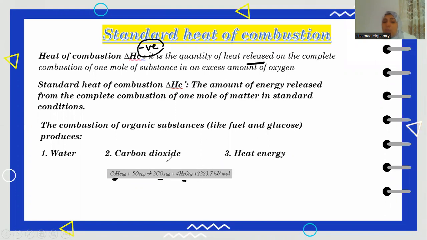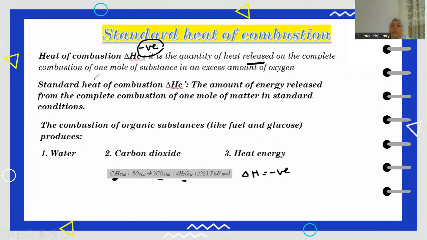Again, the combustion of an organic substance usually takes place in the presence of oxygen and produces carbon dioxide and water with release of an amount of heat. So delta H here will be negative.